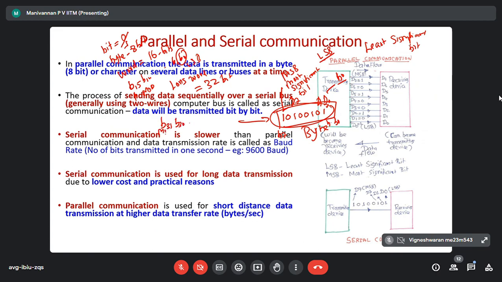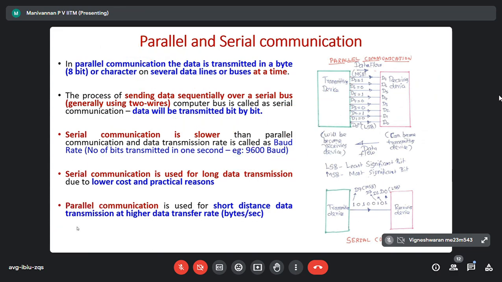The leftmost bit, B31, is the MSB. Then B29, like that, down to B1 and B0, the LSB. You can have 64 bits also: B63, B62, like that, to B0. So this is how it is represented.